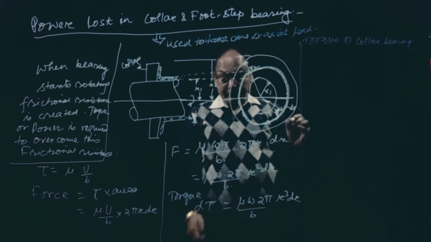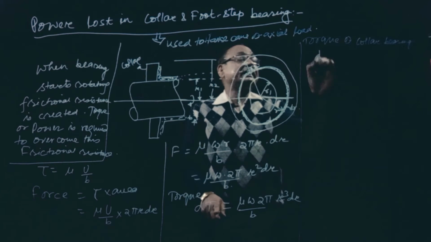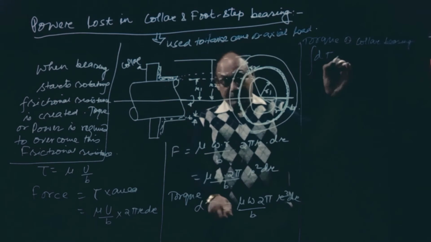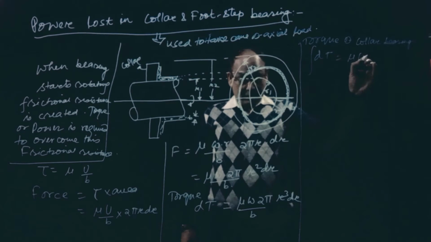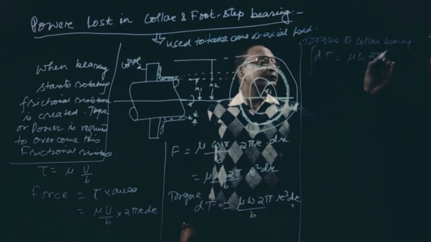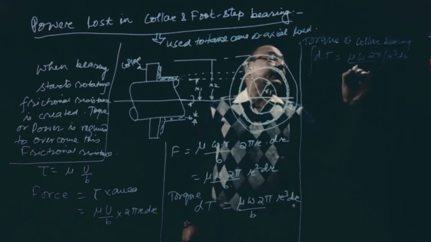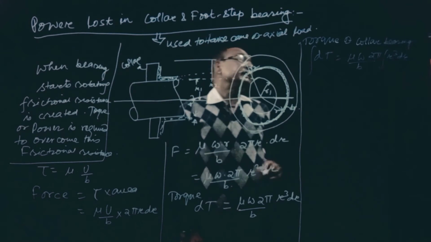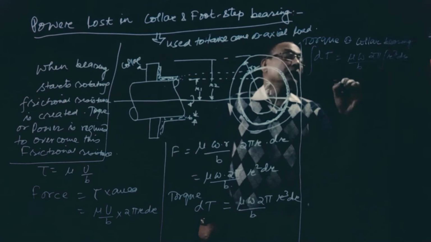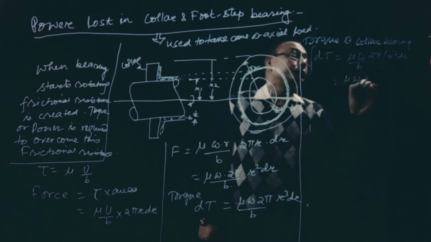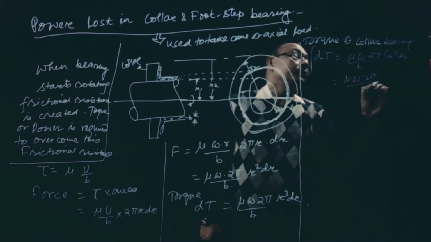Torque of the collar bearing can be found out by integrating dT, that is, mu omega 2 pi into r cube dr by b. Okay, so this is b. Now see here, this is mu omega 2 pi by b into integration between r2 and r1.